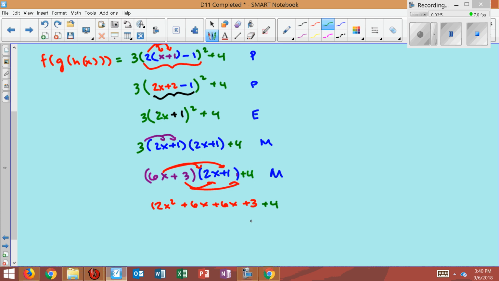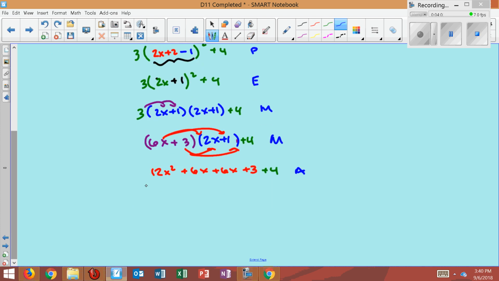Now I don't have any division, but I can add. So I'm now in the addition step. What am I left with? I'm left with 12x squared plus 12x plus 3 plus 4 is plus 7. All of this is f of g of h of x.